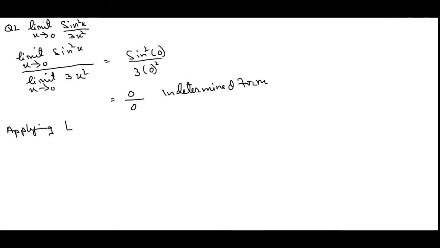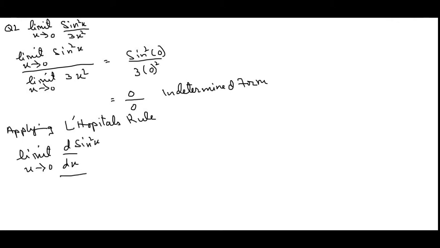Applying L'Hopital rule. So limit x approaches to 0, d by dx of sin square x whole divided by limit x approaches to 0, d by dx of 3x square.